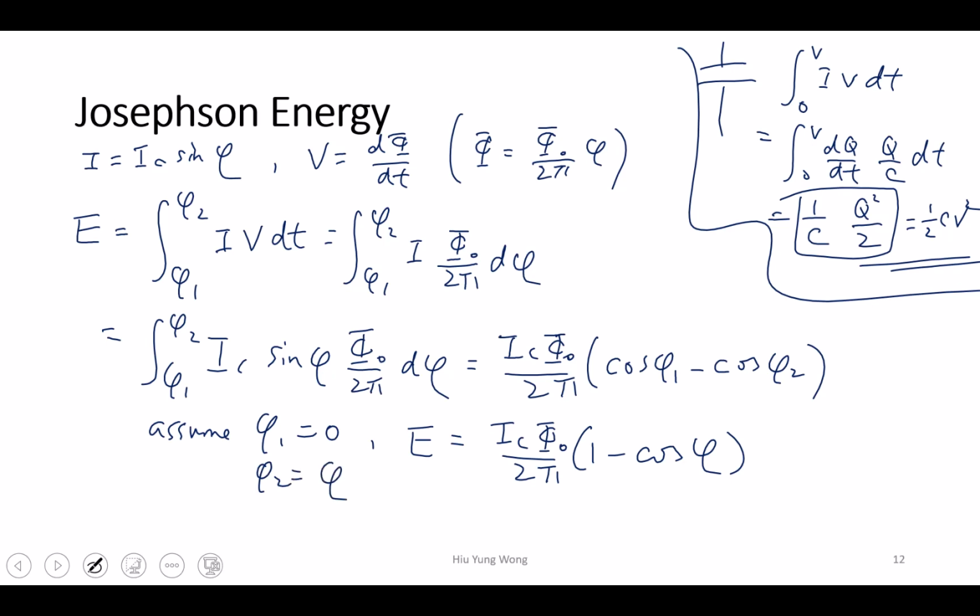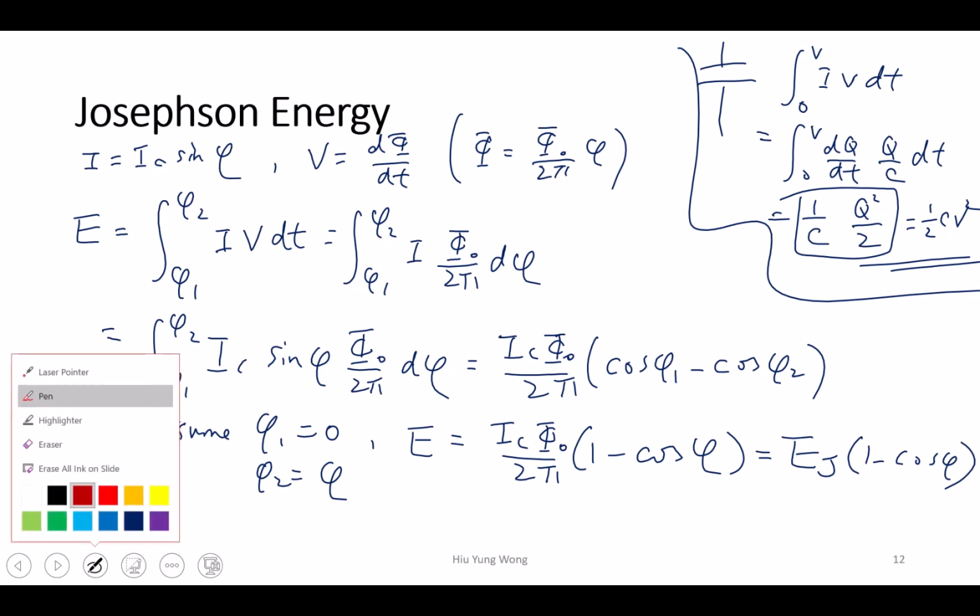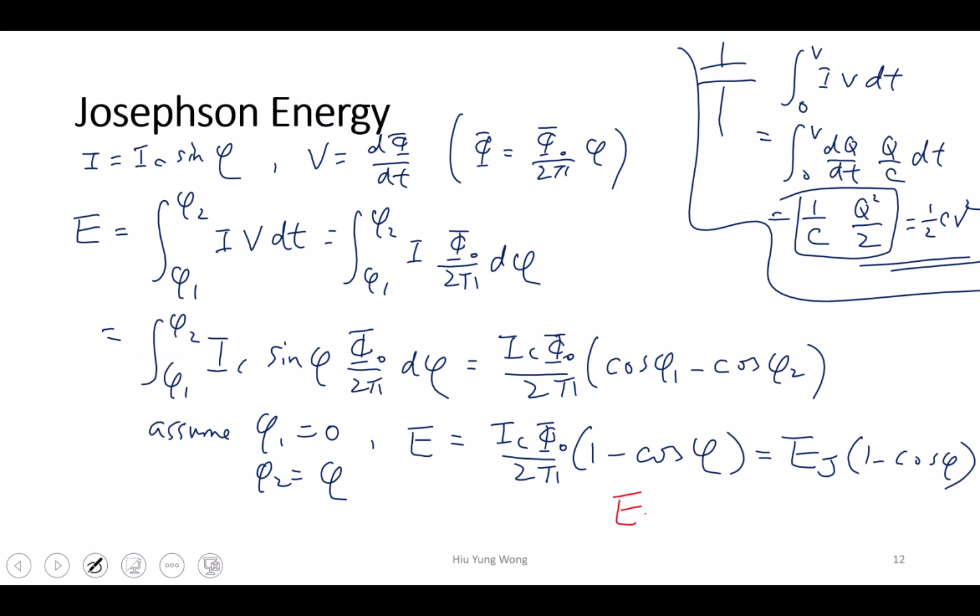Okay, just give a state, right? And we commonly write this as EJ times 1 minus cosine phi, where EJ is the Josephson junction energy, equals IC phi naught divided by 2 pi. Okay? So I derive all these things just to tell you that this is a Josephson junction energy.